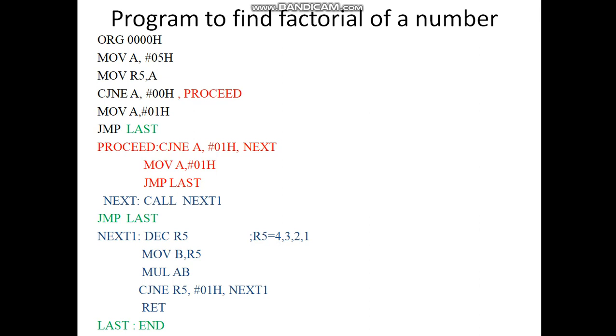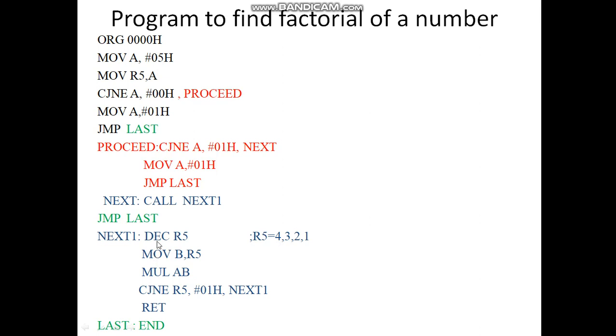The reason is that to perform the multiplication operation, the data has to be in A as well as B register. So MUL AB: the content, that is 5, is multiplied with 4 and the product is stored in A register. Next, CJNE R5, #01H. So you're checking whether R5 is equal to 01. If it is not equal to 01, once again execute the loop.